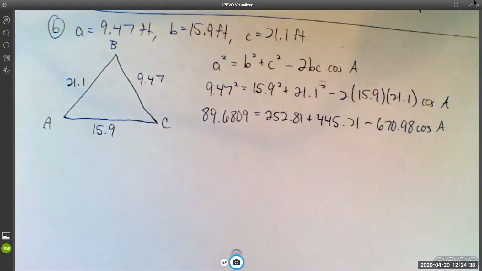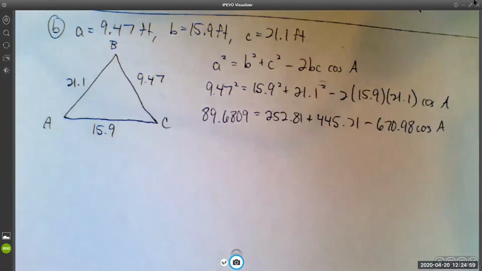I'm not going to show each individual step, but we have 252.81 plus 445.21. That's 698.02. And I'm going to do 89.6809 minus 698.02.